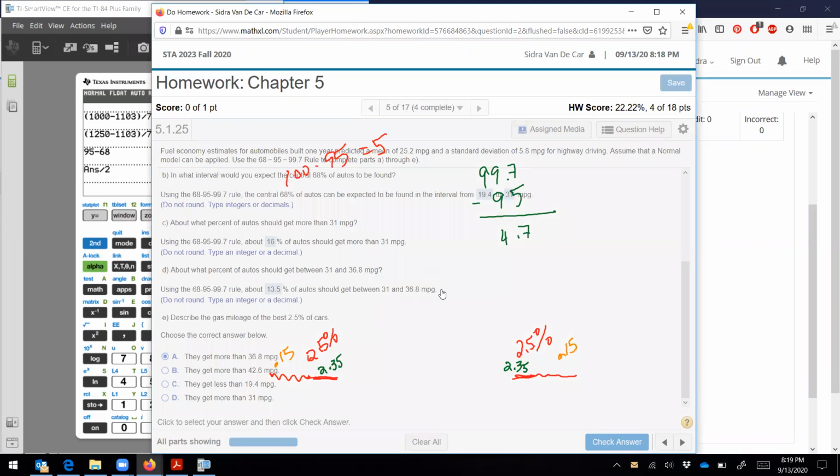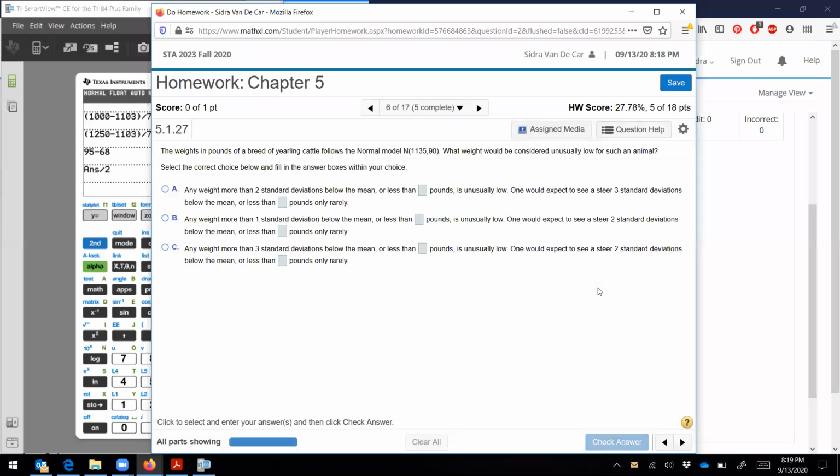All right. The weights in pounds of a breed of yearling cattle follows the normal model, a mean of 1135 and a standard deviation of 90. What weight would be considered unusually low for such an animal? All right, unusually low, if you remember us discussing in the video, that means more than 2 standard deviations below the mean.